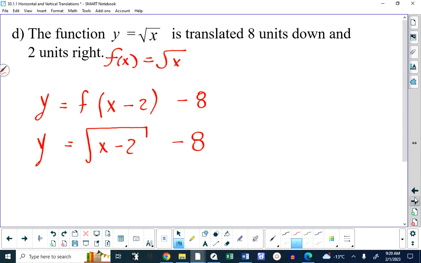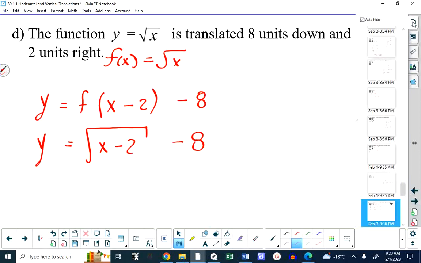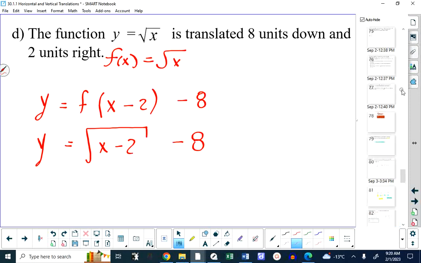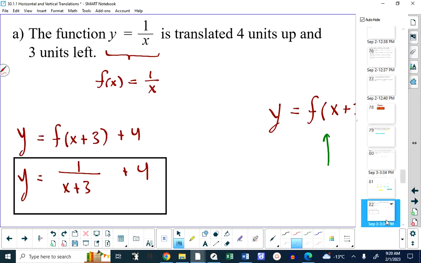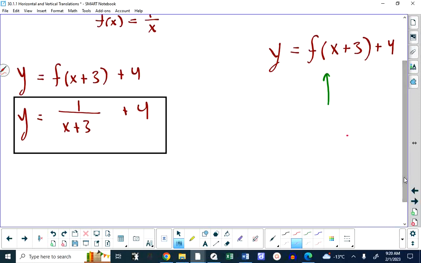Now we're not done with this because there are some other nuances I want to talk about here. First of all, and I think this is fairly obvious, but we will just make sure, this answer that I have here could be written as g of x, couldn't it?